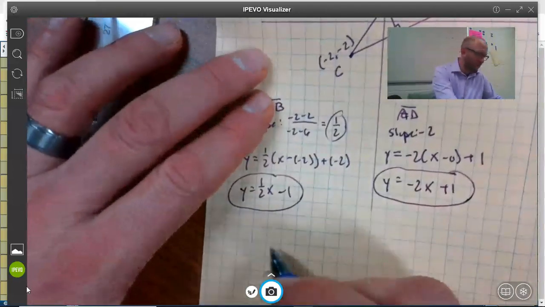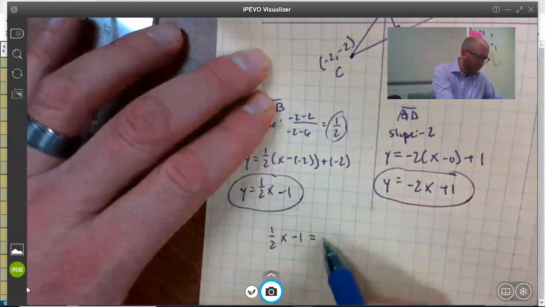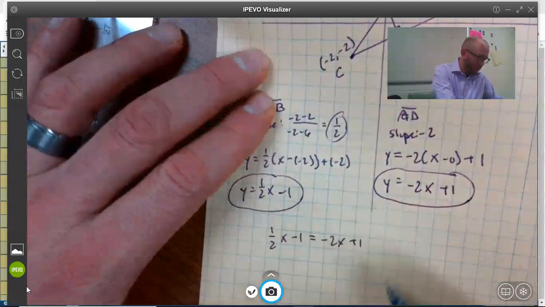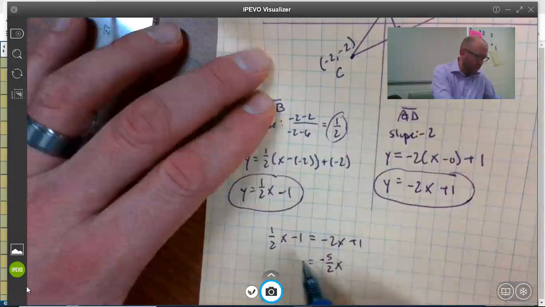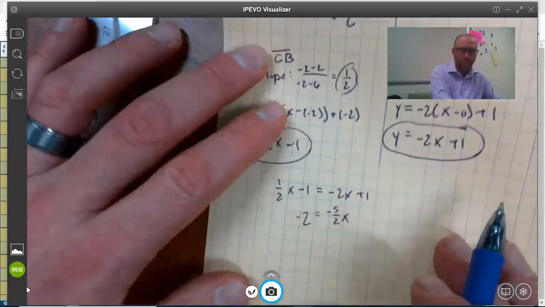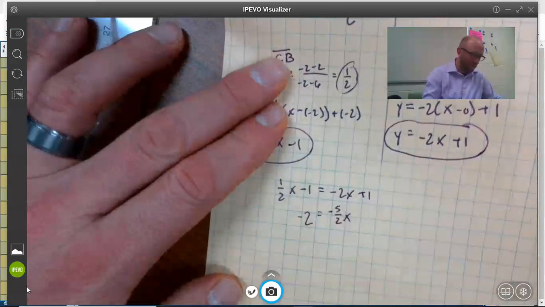Our point of intersection: 1/2 x minus 1 equals -2x plus 1. Let's take away 1/2 x from each side, and that's -5/2 x equals -2, and we will divide -2 by 5/2.